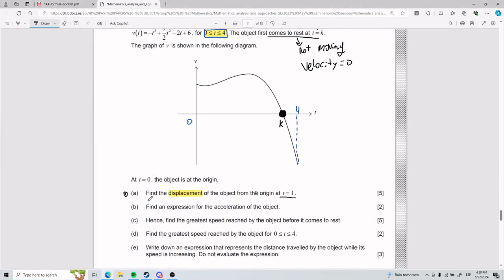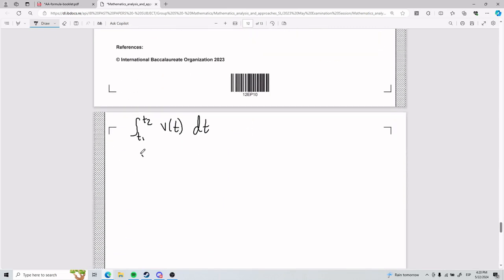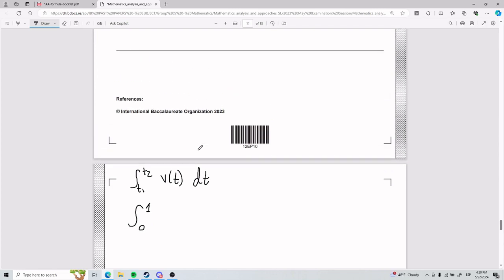They want the displacement of the object from the origin at t equals 1. So if it's from the origin, that means that t1 is going to be 0, while t equals 1 is literally just, okay, we're going to be finishing at t equals 1. So that's what it's telling you, and if you plug it in over here, you end up with the integral from 0 up until 1, so from the origin until you reach 1 second, of v(t).